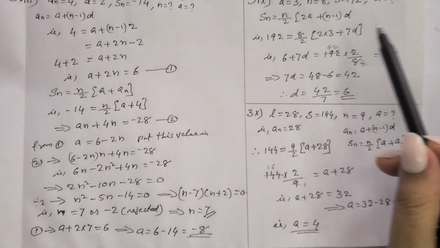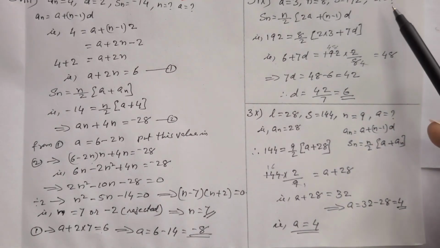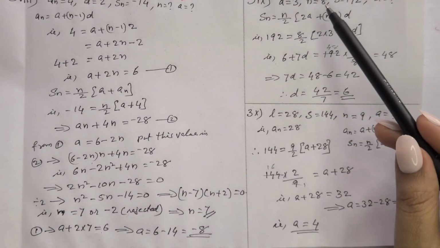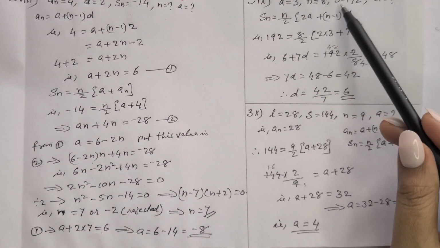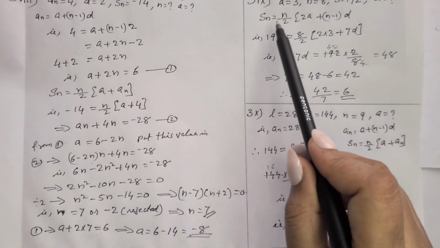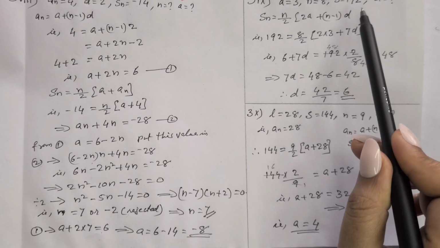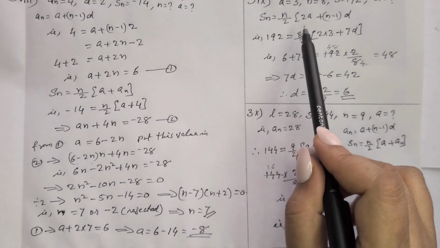In question number 9, a, n and S are given. We have to find the common difference d. n is given and S also, that means Sn. So we can put the values in the sum formula. 192, S means the sum of all these terms, which is equal to Sn.